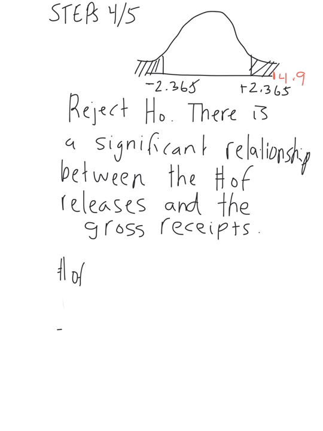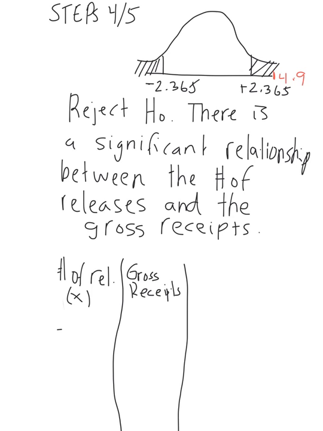The number of releases, which are the x variable, the gross receipts, which is the y variable. We have xy, x squared, and y squared.